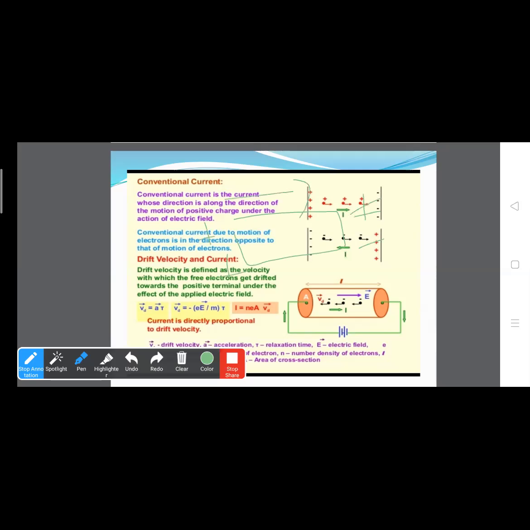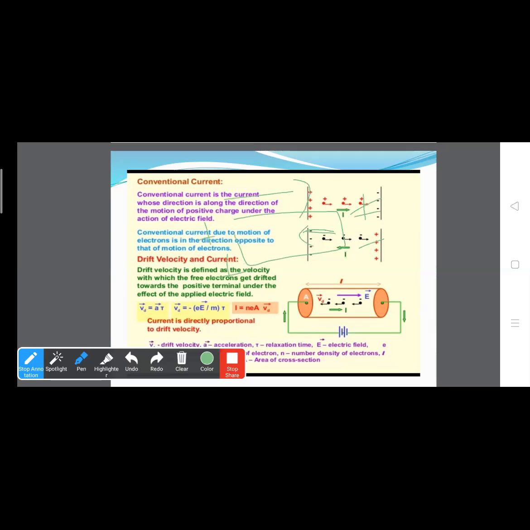The direction of the electric field is this, so electrons move in this direction. Clear? They are pushed opposite to the electric field, from the negative end to the positive end of the conductor.